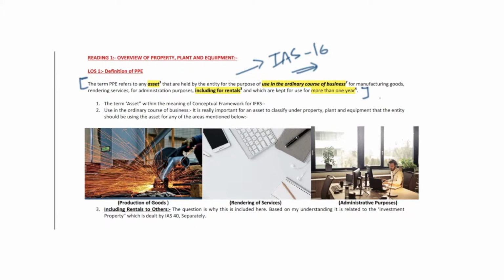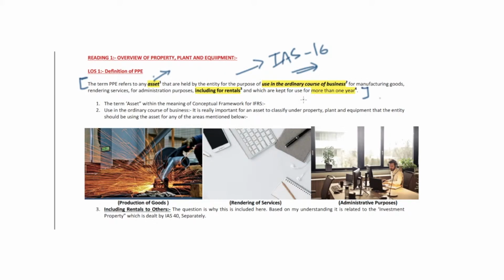So now let's move on and understand what the definition of PP&E is. The term PPE refers to any asset. First of all, it has to be an asset that is held by the entity for the purpose of use in the ordinary course of business.